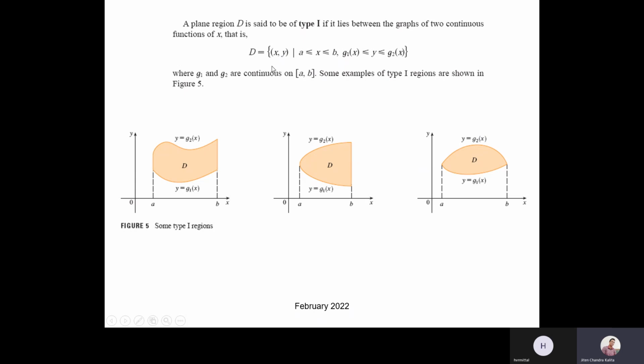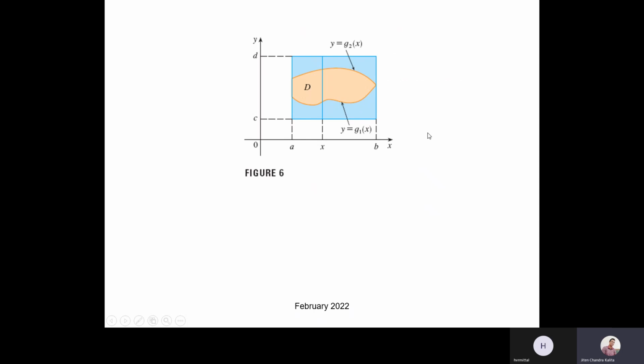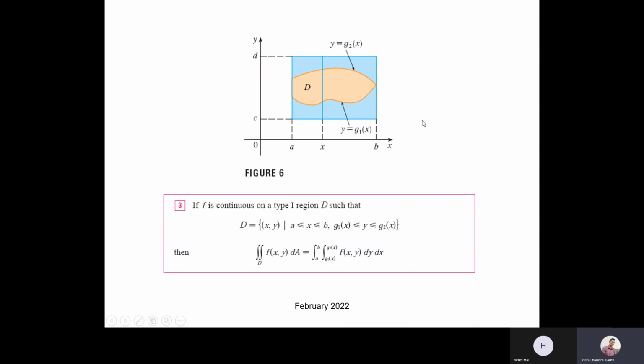Similarly, a type 2 region is when the region lies between two curves described as a function of y. This I have already explained, how the capital F is going to be defined for a type 1 region. Now, how do you define the definite integral?